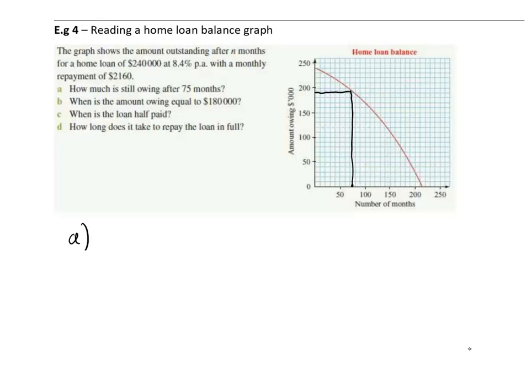So for part A, about 190,000 there. Okay, for part B, when is the amount owing equal to 180,000? We need to find 180,000, which is here. Go across and then down. And we can see there it's going to be about 90 months.